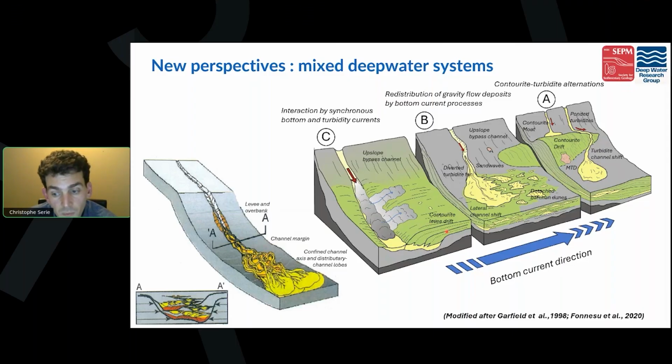But with the work from Fenoso, we start to see that there could be a full mixed spectrum of systems, with well-defined channels, where some of the coarser sand can actually be remobilized and form those dunes or sheets. And then in other places where you have muddy contourite drift, controlling the paleobathymetry and the deposition of the turbidites.